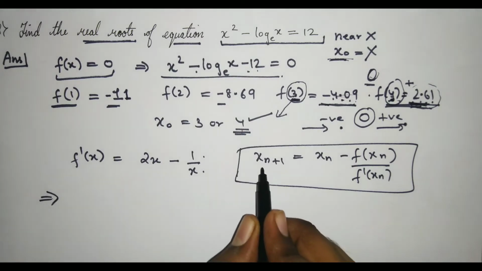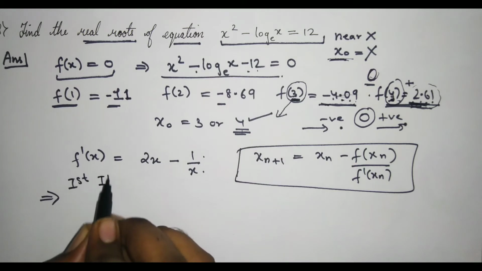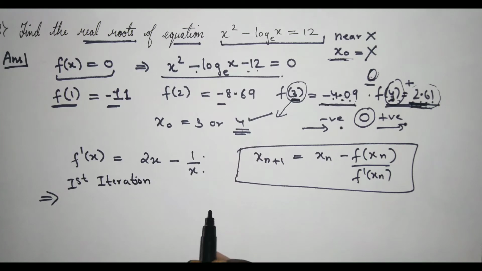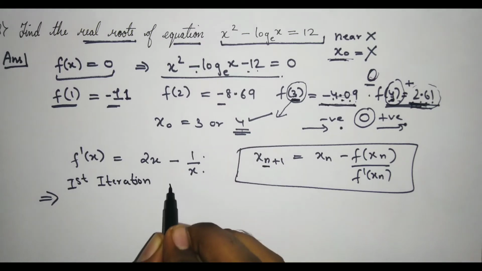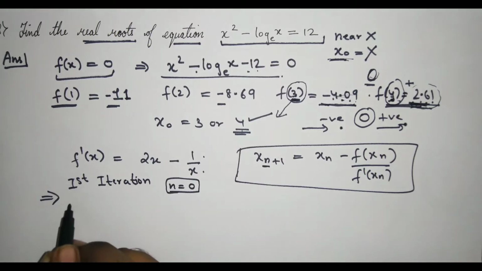Now we'll do the first iteration. For the first iteration you have to place n equal to 0.